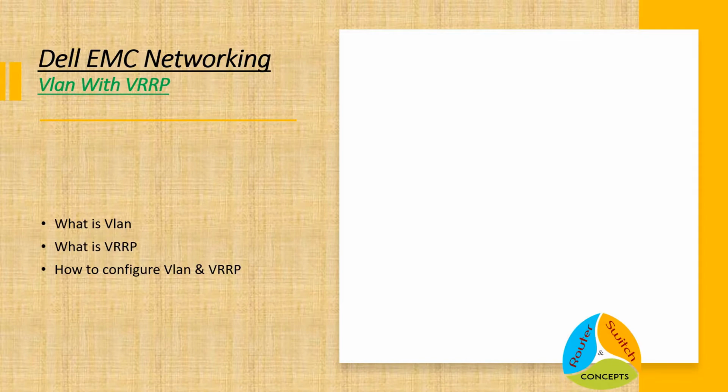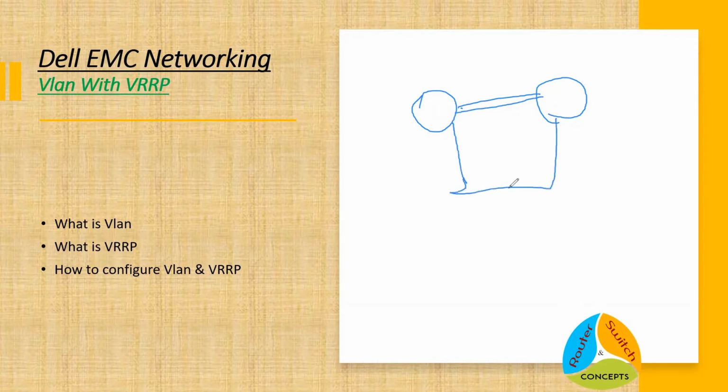So how does it actually work? Let me grab my pen. Hope everybody knows, just for understanding, I'm giving it. There are two switches connected to each other, and there is one server connected here.